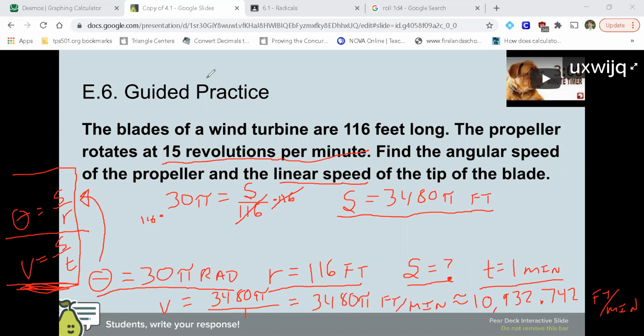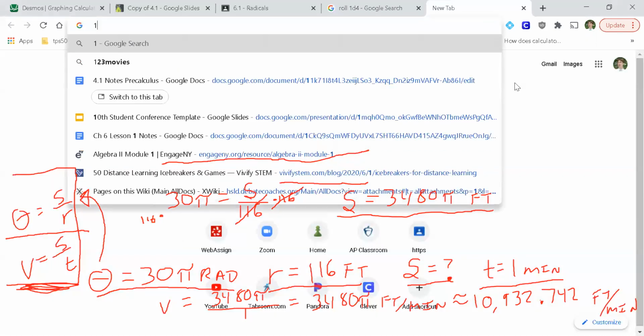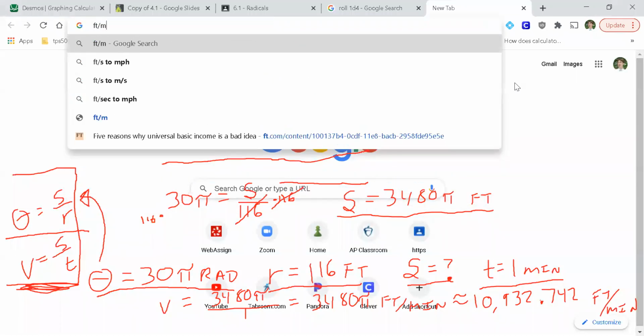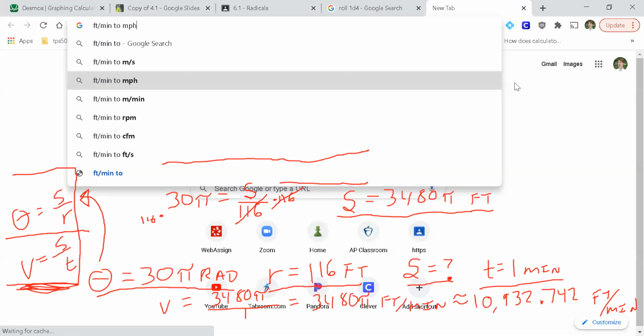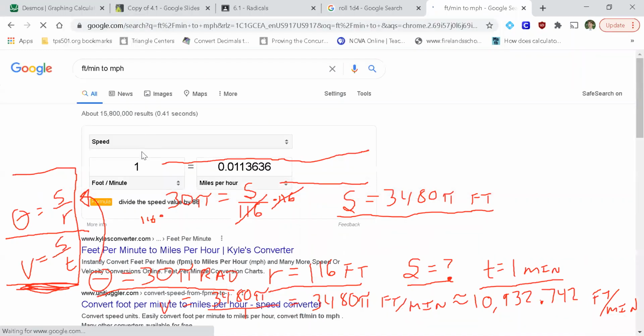Which I know what you're wondering. How fast is that? That's 125 miles per hour. That's how fast the tip of the blade of those big wind turbines is going.